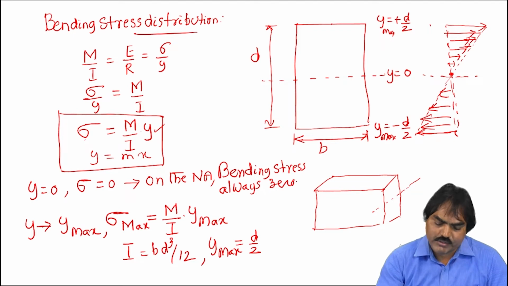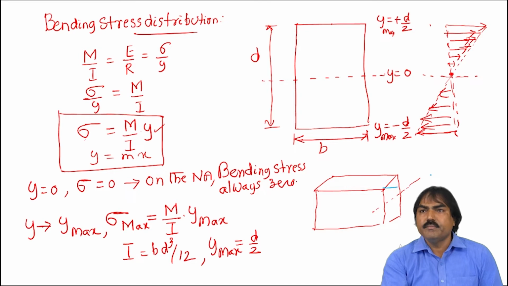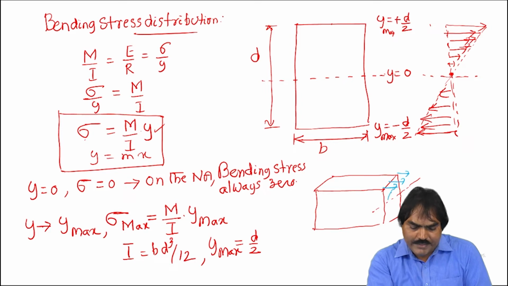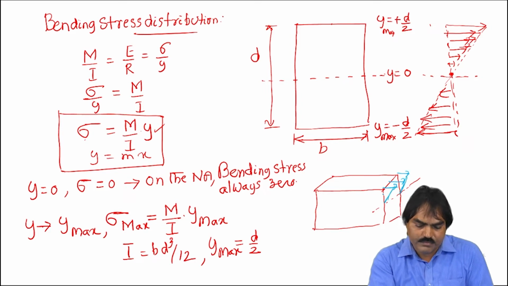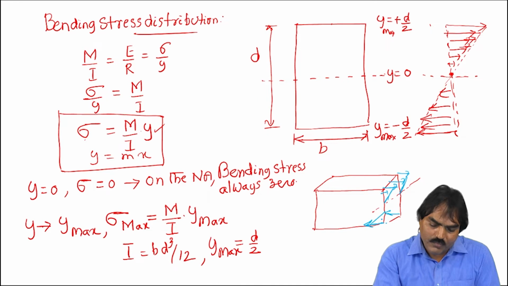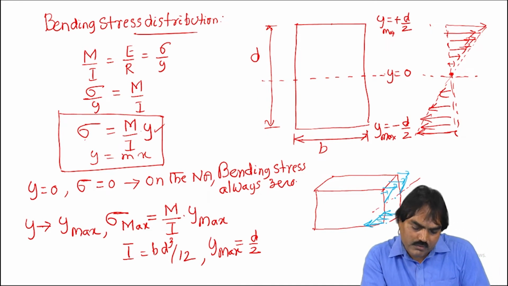Let us see the stress distribution here. So at the top we will have tension. It will vary uniformly like this, and decrease up to this. At the bottom, it will be compression. Compression means in this direction. This is the stress in an isometric view.